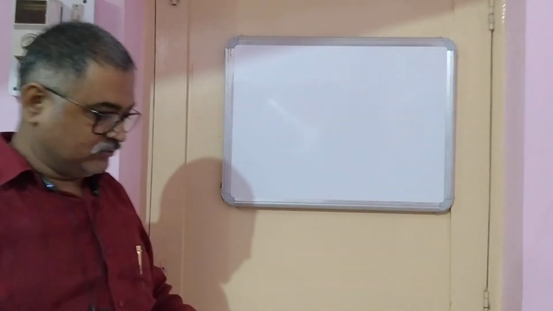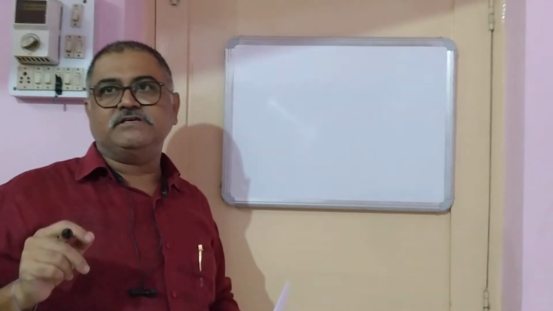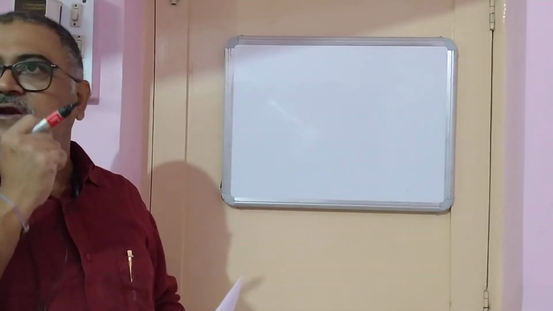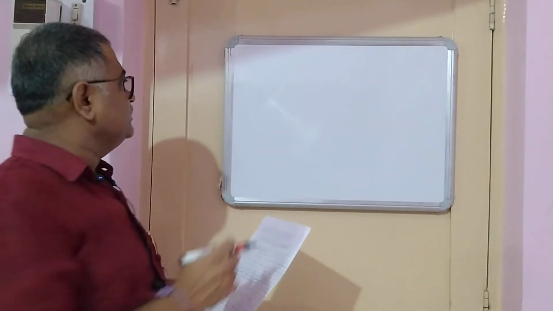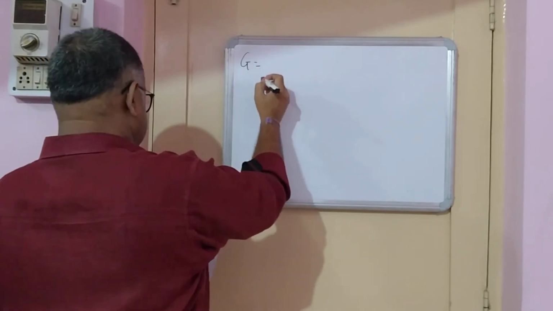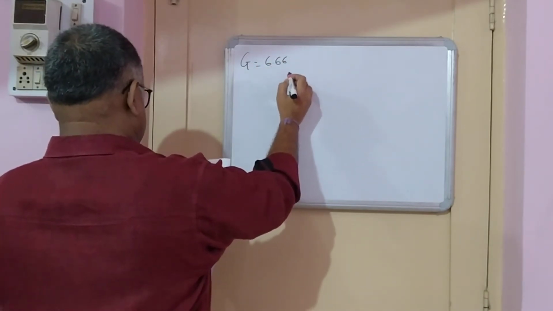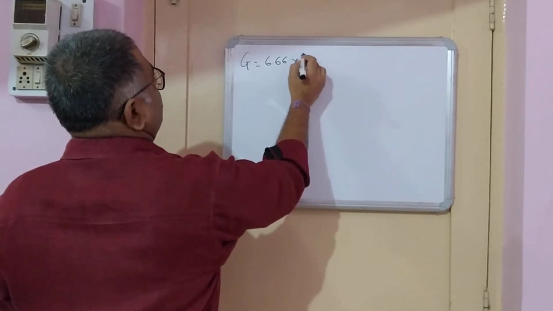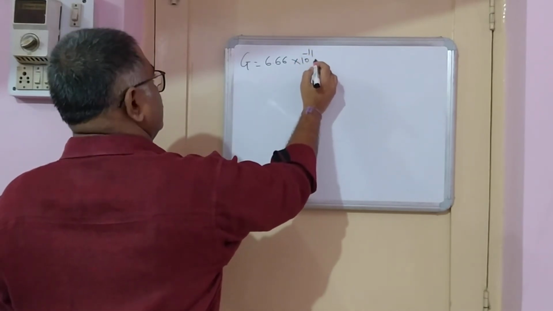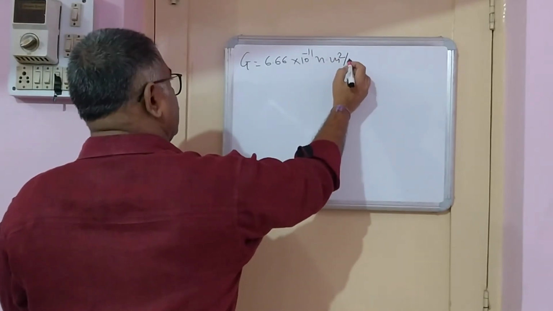Again here he is giving the value of gravitational constant G equals 6.66 into 10 raised to minus 11 Newton meter square per kg square.